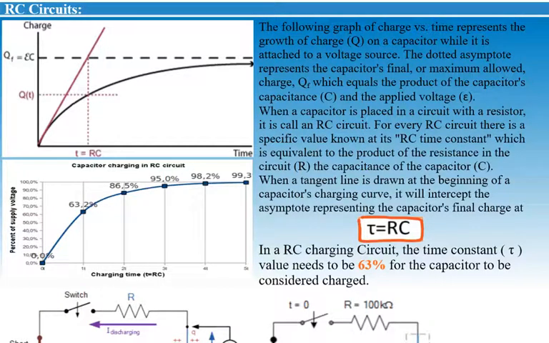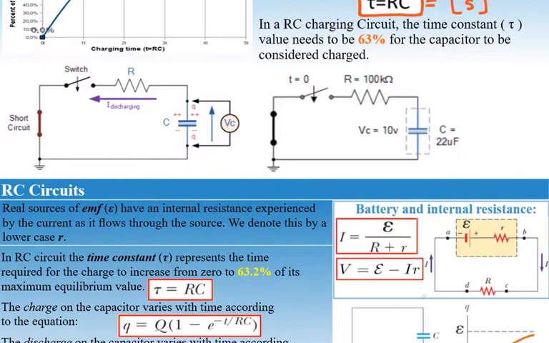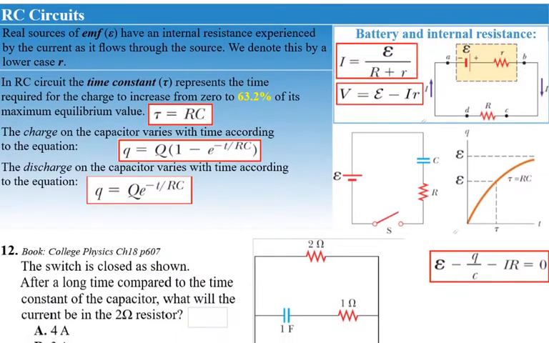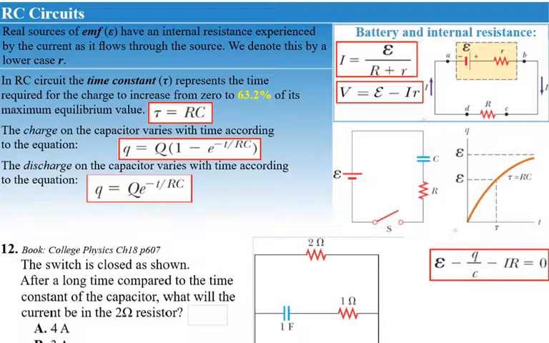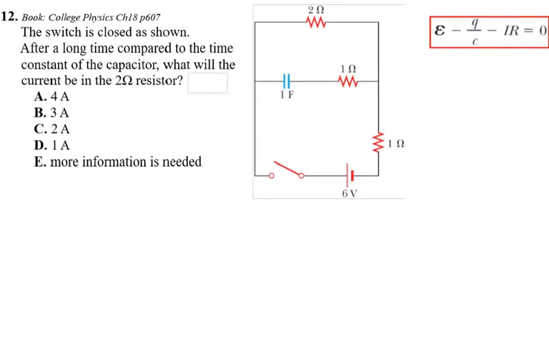This will give you the time in seconds, milliseconds, microseconds or nanoseconds, depending on the size of your resistor and the capacitor in the circuit. You get the maximum voltage on the capacitor when you have the maximum charge. Let's look at some questions to better understand how capacitors with resistors work in the circuit.